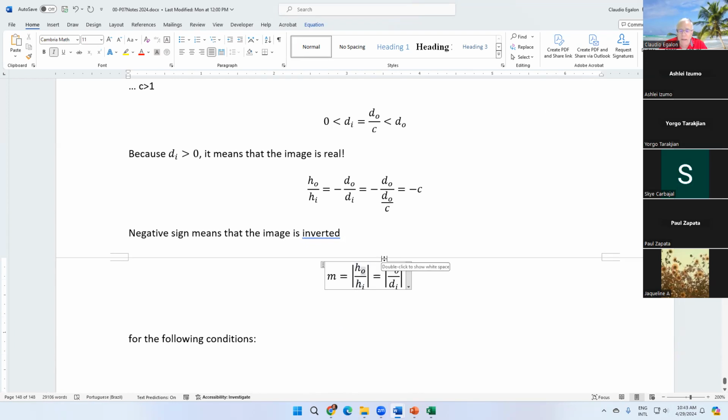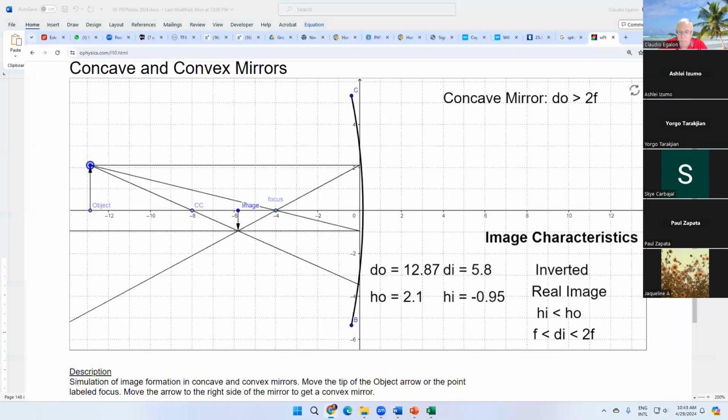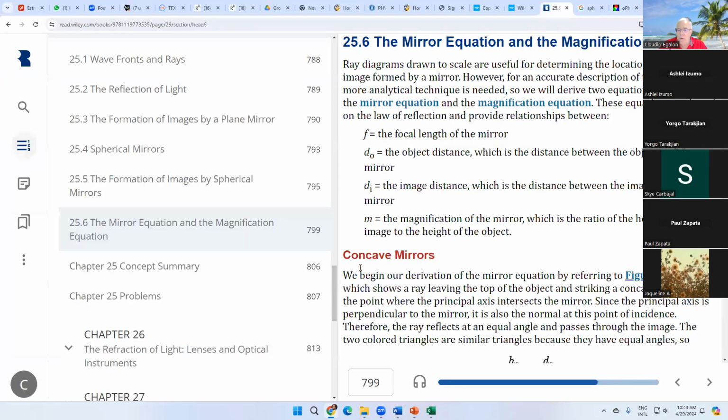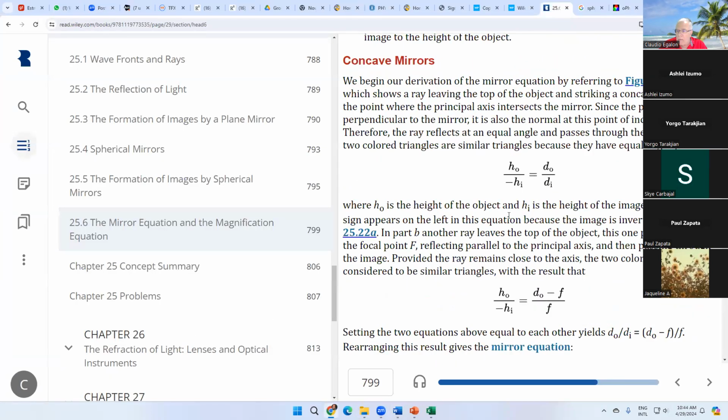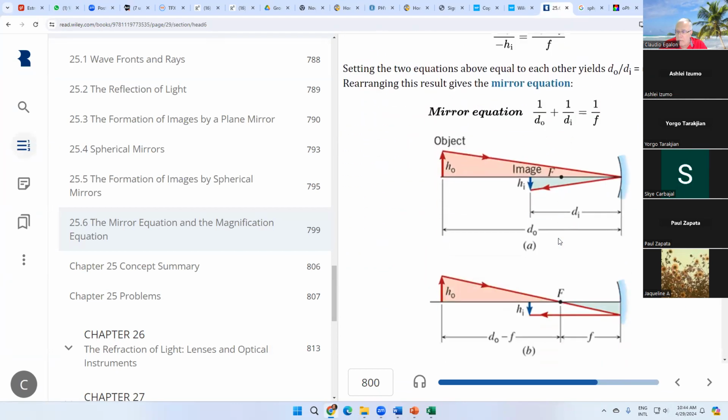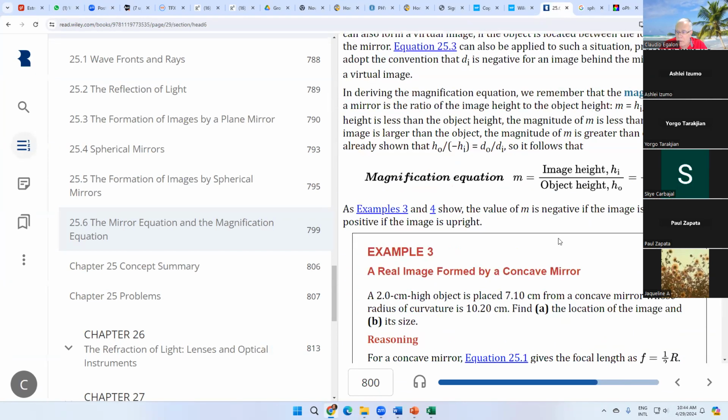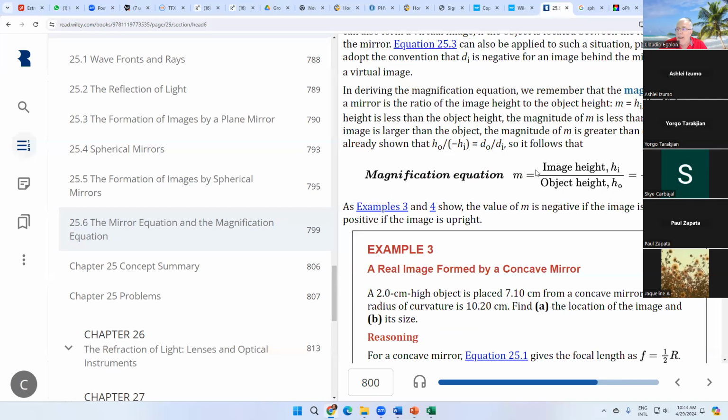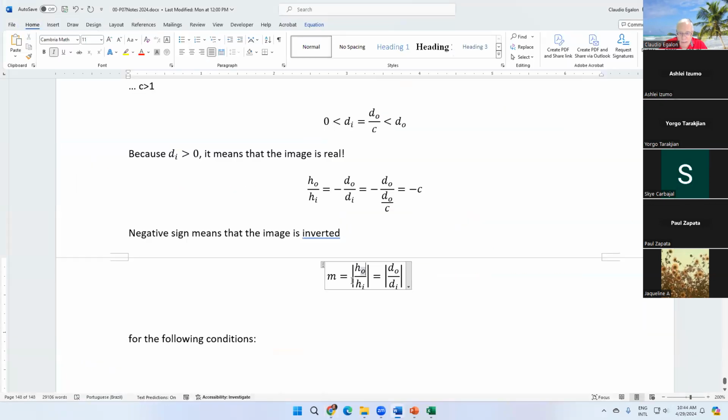Let me fix that. Let's see how the book did. I want to do according to the book. Let's see. They don't say anything about magnification here, huh? Image, oh yeah, here you go. Image height divided by object height, okay? So we gotta do that. Is image height, it's all the way around.